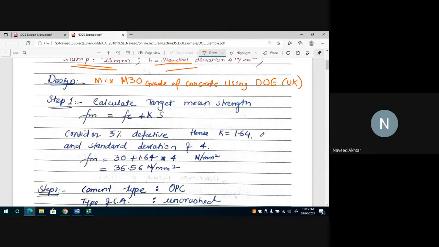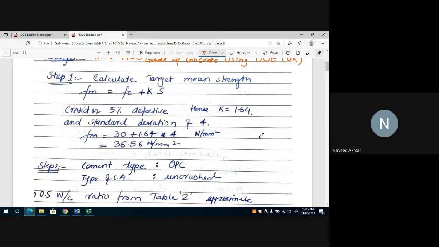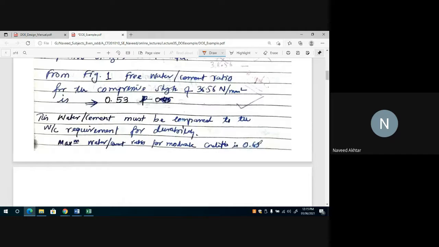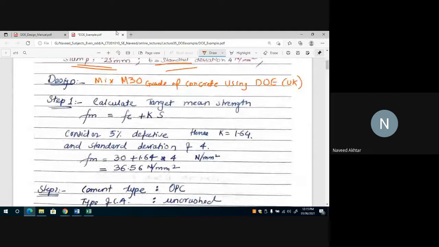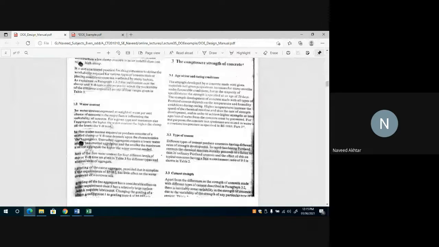So step number one is to calculate the target mean strength. From the manual, you need the K value, the FC value, and the standard deviation value.